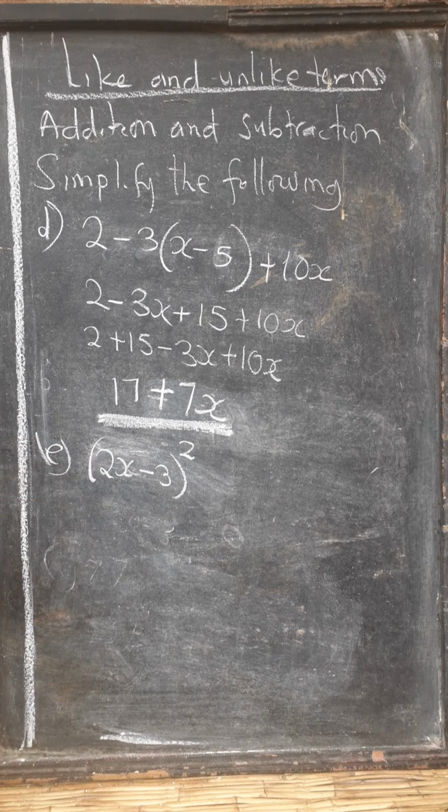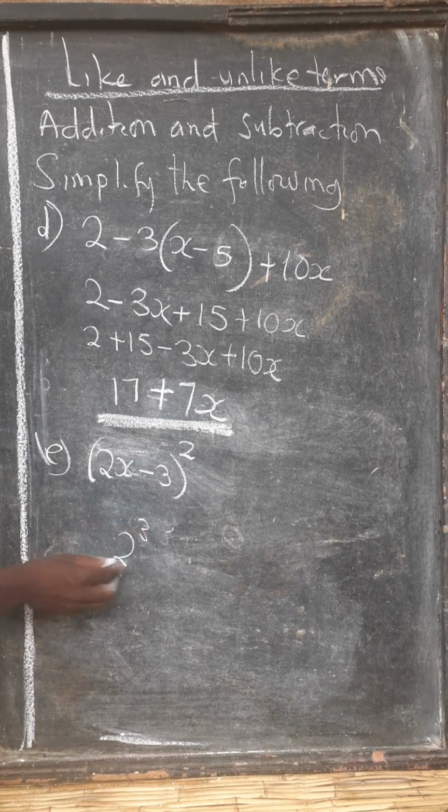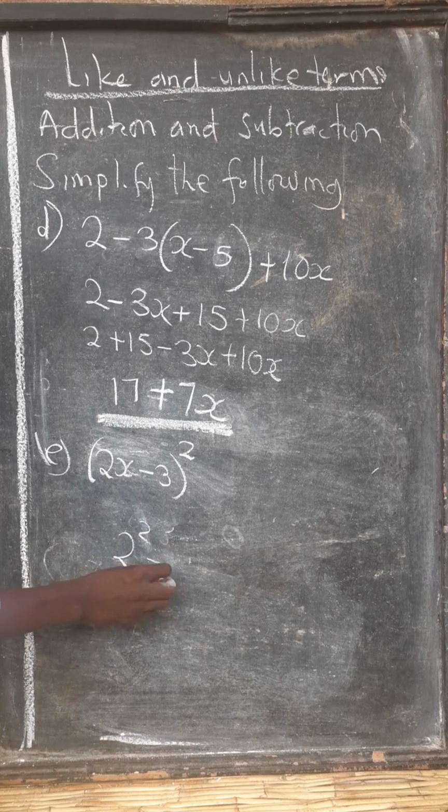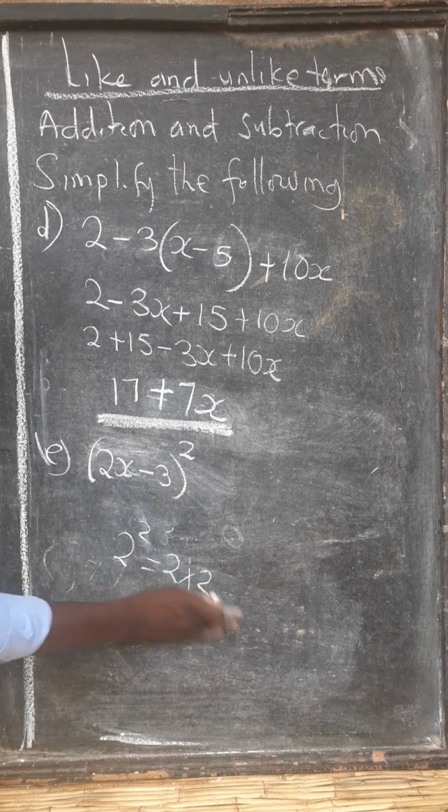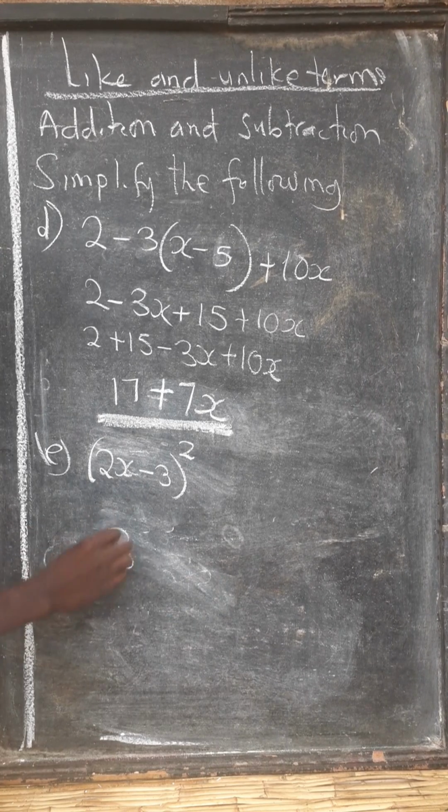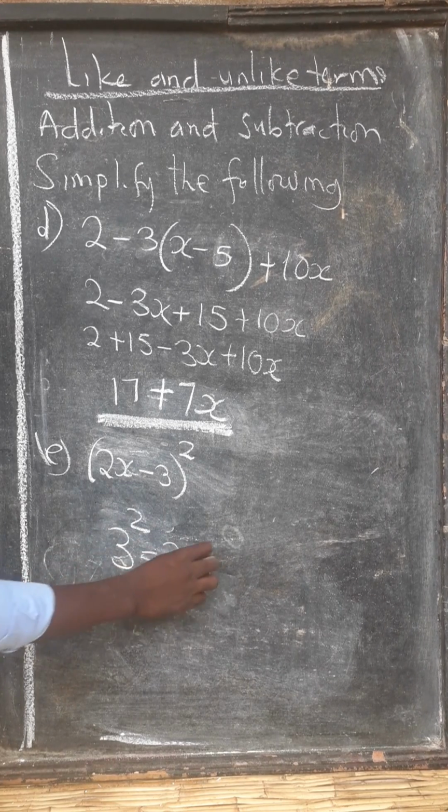If we have 2 squared, it means 2 multiplied by 2. If the 3 has been squared, then we need to say 3 multiplied by 3.